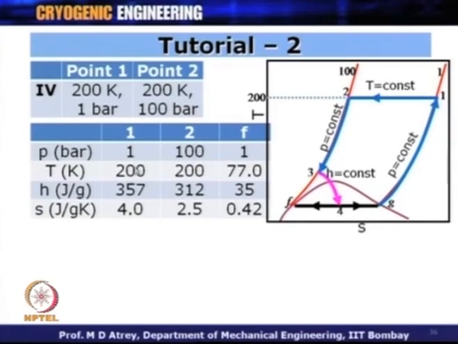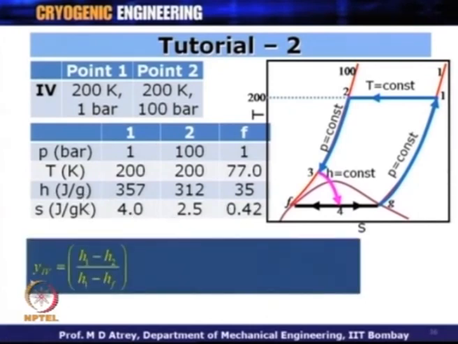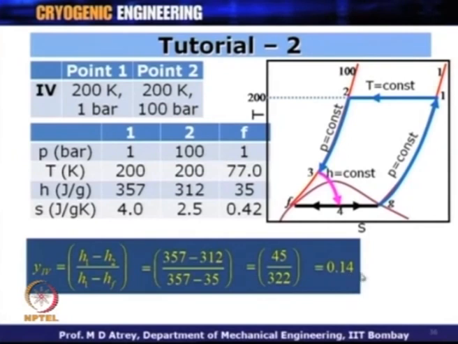So, the compression is happening at a lower temperature. We can say it is a pre-cooled cycle, happening at 200 Kelvin and not at 300 Kelvin. Again, I will take enthalpy and entropy values from the TS diagram and calculate Y. So, Y for the fourth case by this formula is going to be 0.14, which is very high as compared to what it was for the earlier cases.